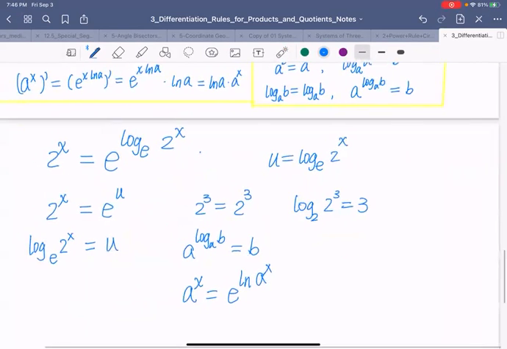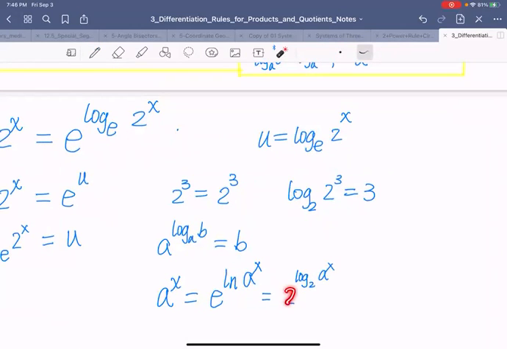You say, teacher, do I have to make e the base? You can use any number to change it. You can do 2 also, but then you use 2 here as a base. Listen, as long as this number is the same, that guy and that guy are always equal, always true.